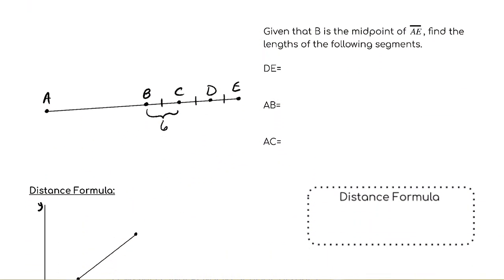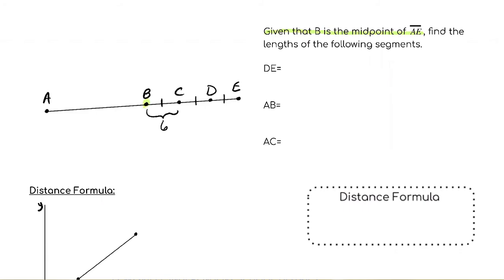This is using the segment addition postulate, but it's more of like a brain teaser. There's more going on. You're using segment addition a lot of times. We're also using congruent markings and given information. So they said in the instructions that B is the midpoint of AE.